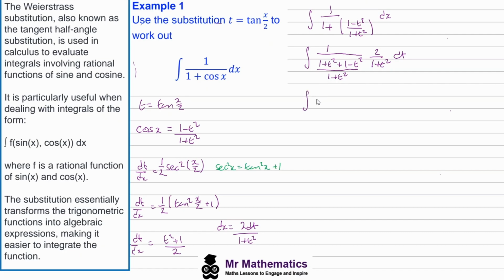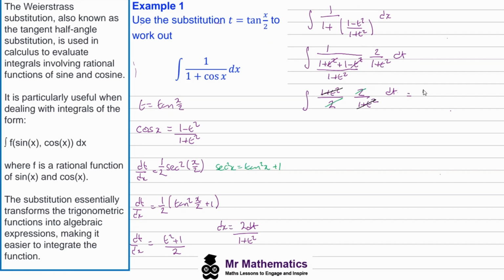So this becomes the integral of 1 plus t squared over 1 plus 1 is 2 and these t squareds will cancel. 2 times 2 over 1 plus t squared, integrated now with respect to t. We can see this 2 will cancel with this 2, and this 1 plus t squared will cancel with this one.